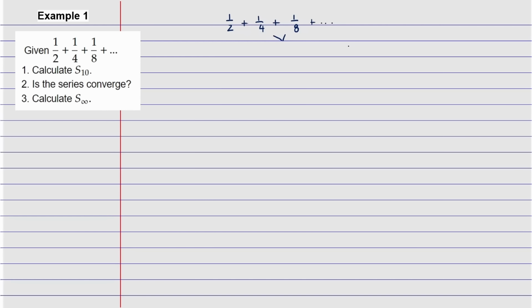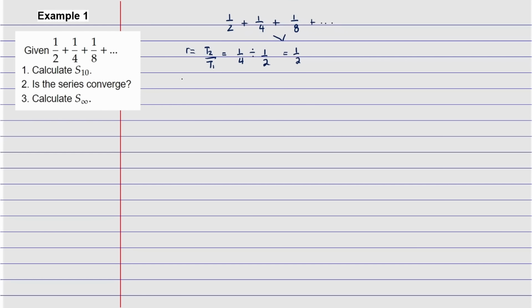So we need to find r. We know that r is equal to T2 divided by T1, which is the same as saying T2 is 1 over 4, divided by 1 over 2. Then you're going to get r equal to 1 over 2, right?